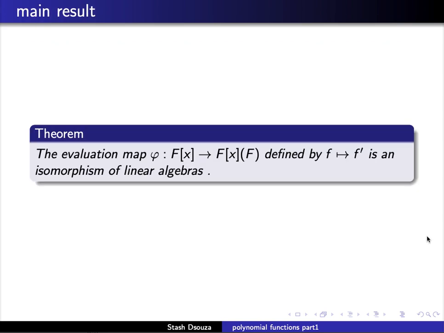Finally, we have the main result of this video: the evaluation map phi from the linear algebra of polynomials over F[x] to the linear algebra of polynomial functions over F, defined by f maps to f prime, is an isomorphism of linear algebras.